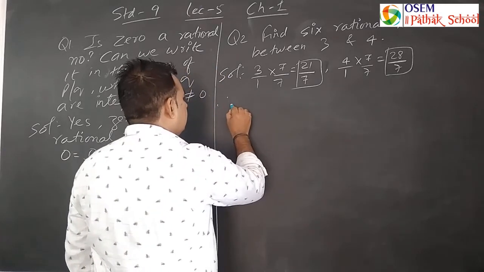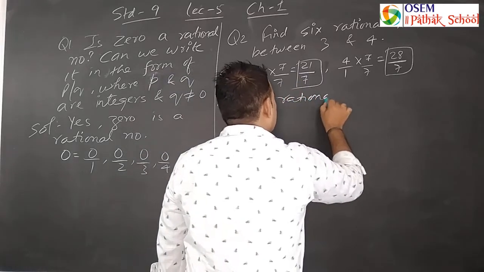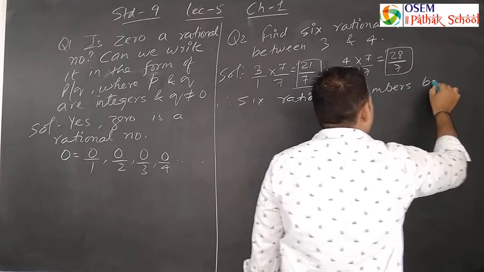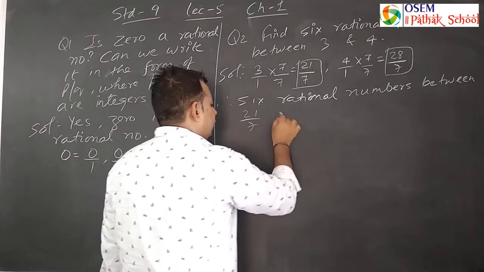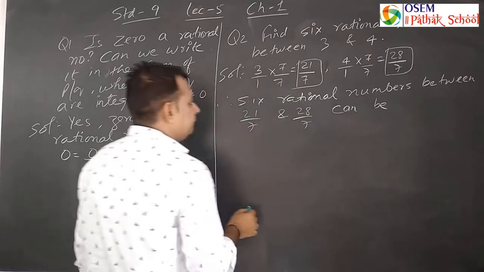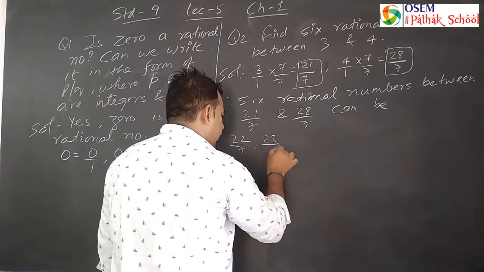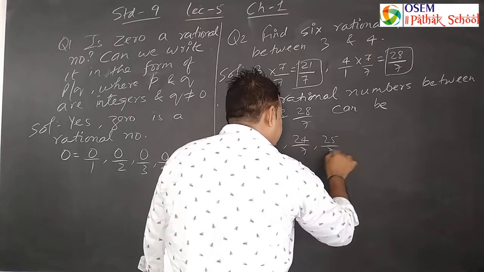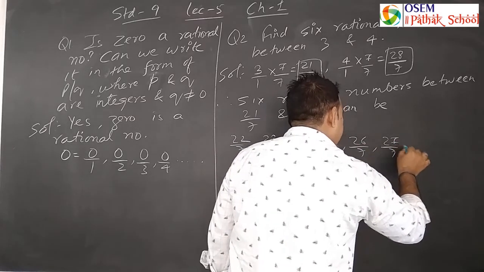Therefore, 6 rational numbers between 21/7 and 28/7 can be 22/7, 23/7, 24/7, 25/7, 26/7, and 27/7.